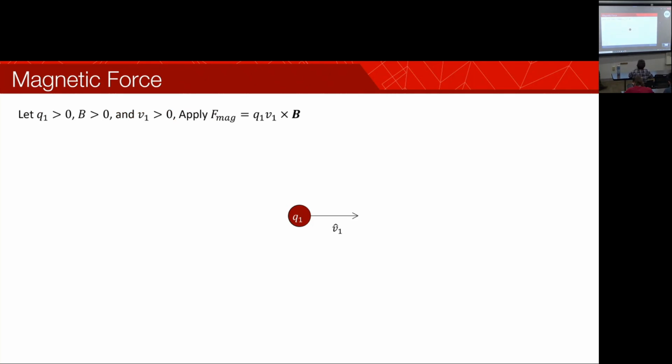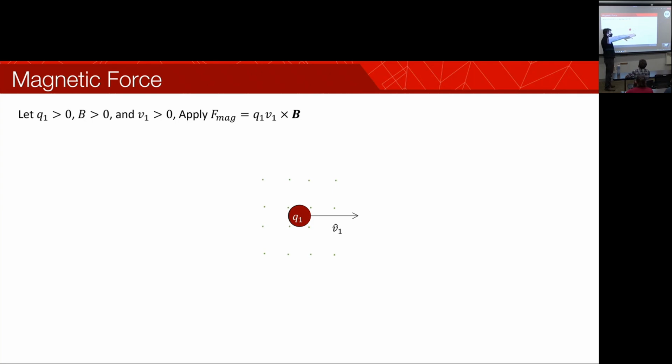This charge is moving to the right, a charge q moving with velocity vector v. Which way is there going to be a force on this charge? Well, we have to know where the magnetic field is. So let's say the magnetic field is coming out of the board.